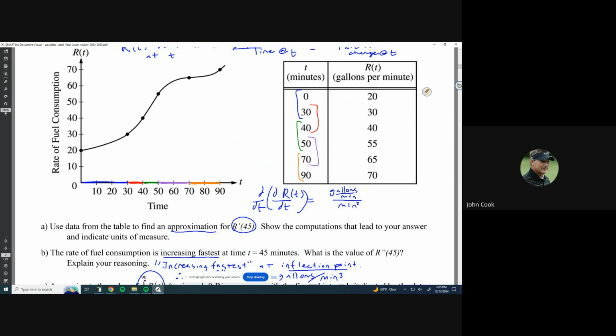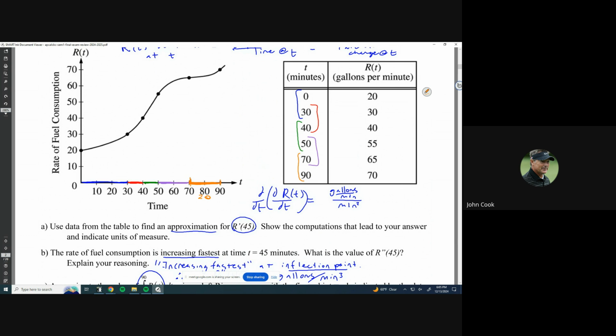So in a left Riemann sum, what you do for each of these intervals is you create a rectangle. And for each rectangle, take this orange one, for example. The base is going to be the difference from 70 to 90, so a length of 20. And then to make the height of the rectangle, because it's a left Riemann sum, we're going to use the left endpoint.